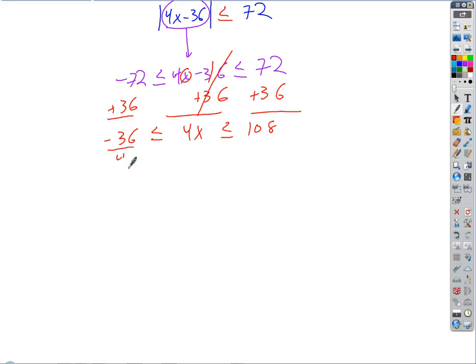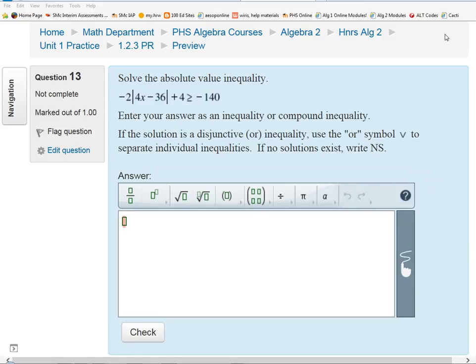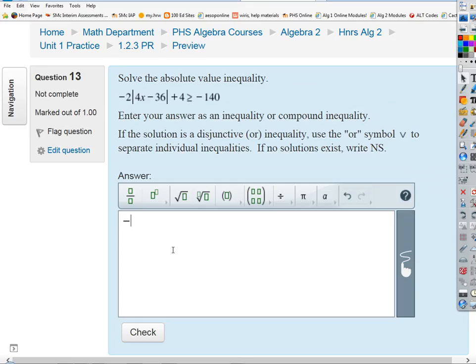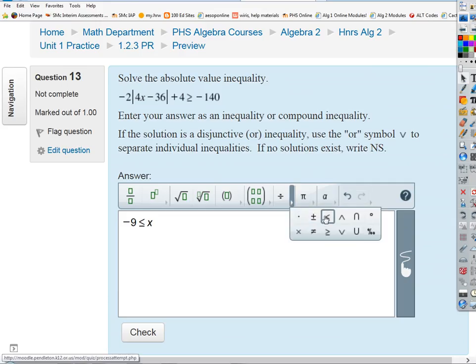So now, when I divide everything by 4, I get negative 9 and 27. So that's my answer. x is greater than or equal to negative 9 and less than or equal to 27. There we go.